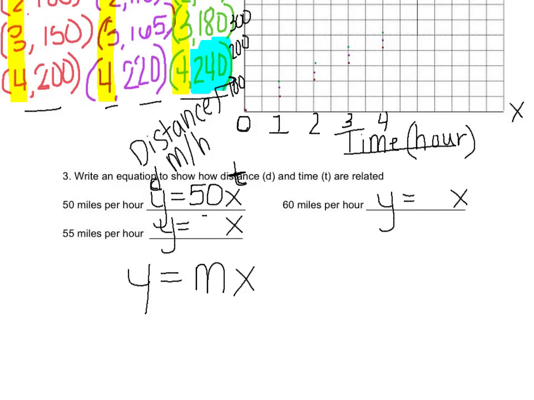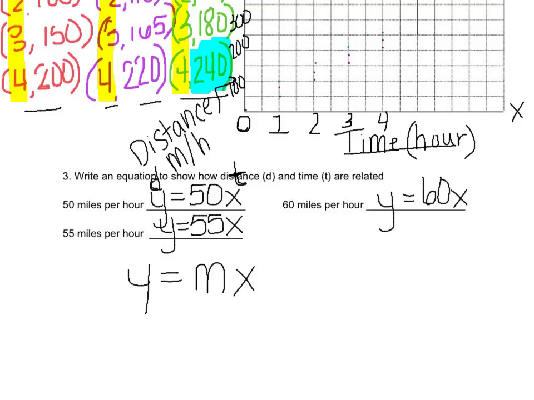For 55, my coefficient, or the m, is 55, because my rate of change is 55 for every hour that I go. I've gone an extra 55 miles. And then last, my coefficient would be 60.